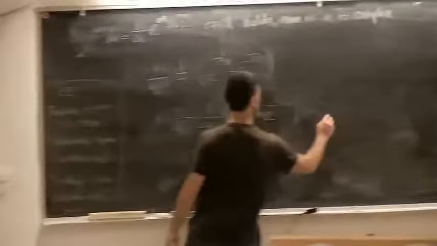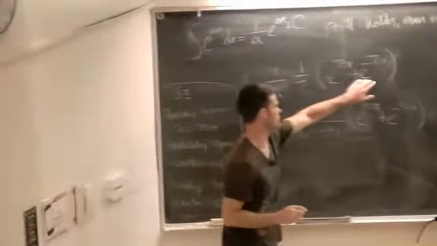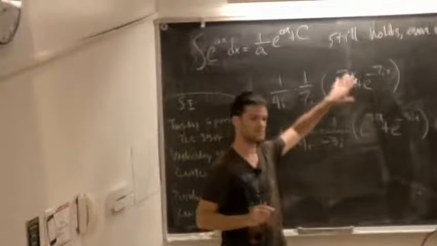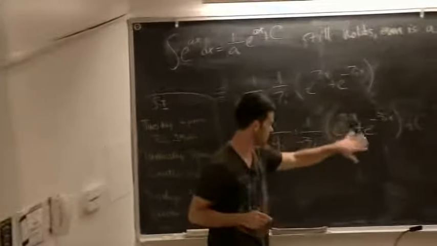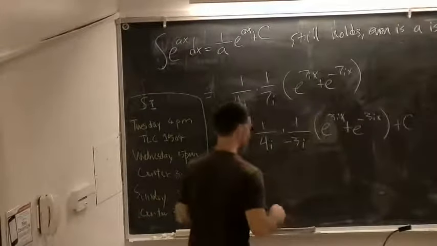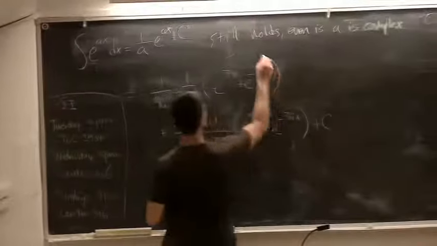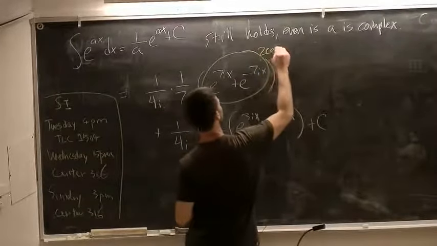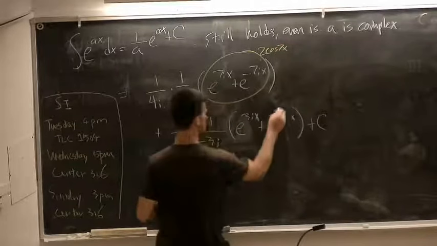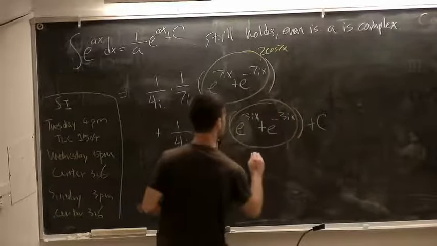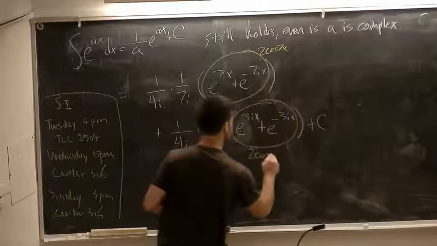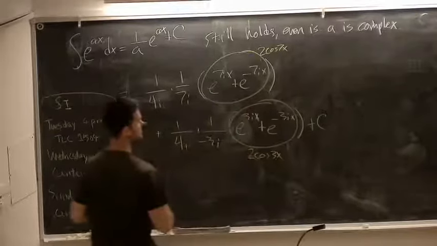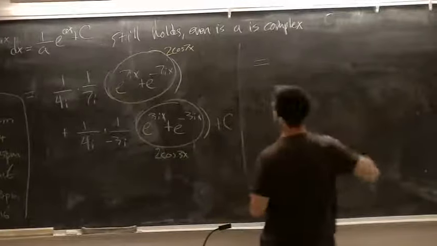Plus c. I deliberately wrote the two terms with the 7s next to each other, and the two terms with the 3s next to each other, because this is 2 cos of 7x, and this is 2 cos of 3x, according to those formulas.